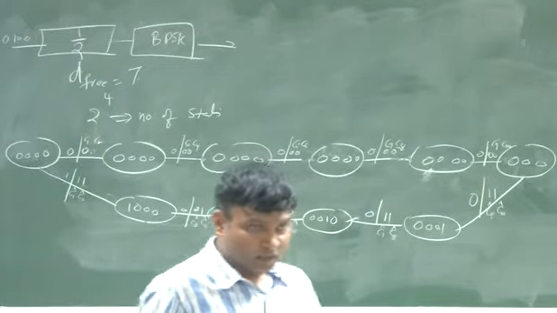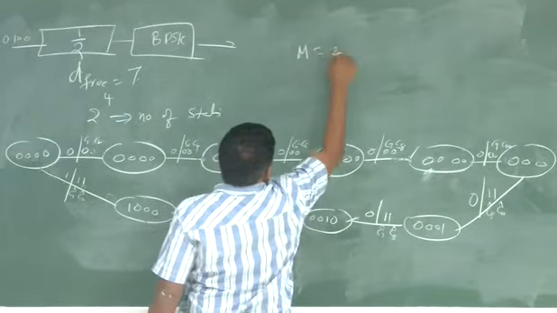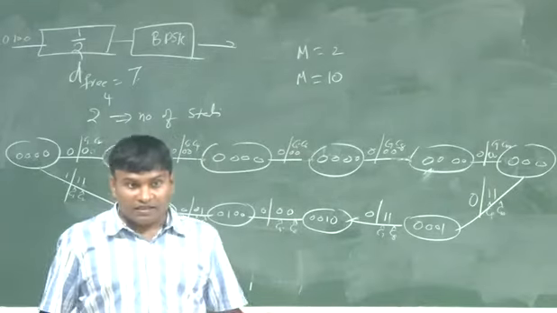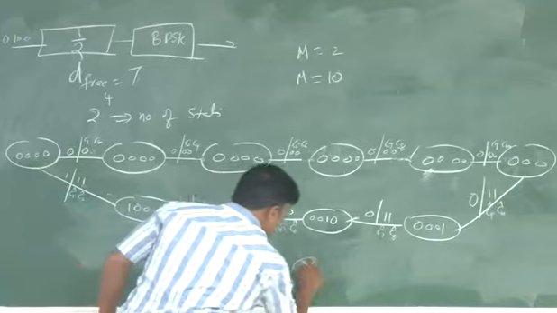Can I? Can you do that exercise now? For m equal to 2 and m equal to 10, you calculate the diversity order for me and the corresponding Hamming weights. Remember the Q function?